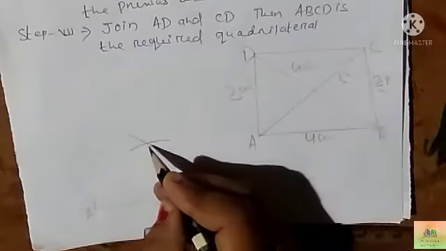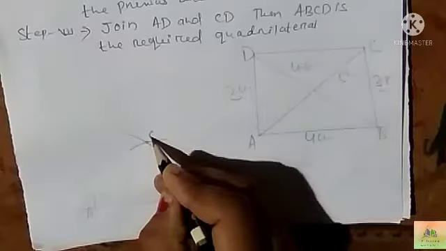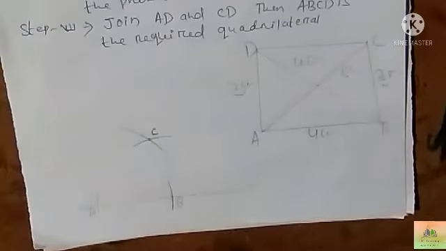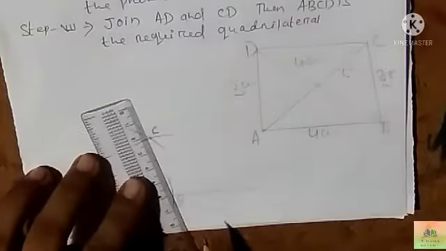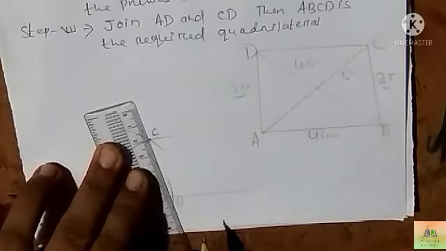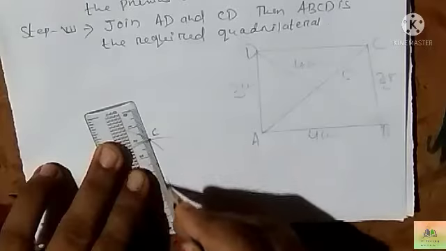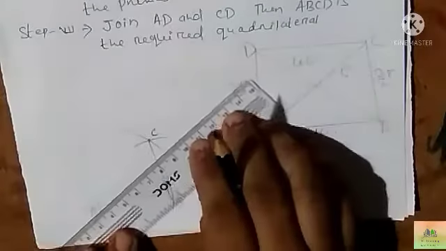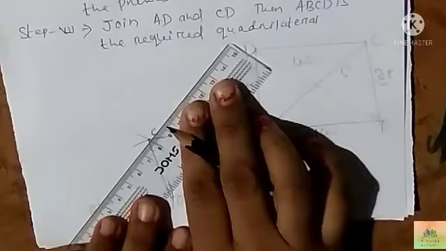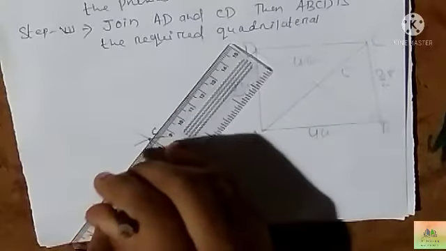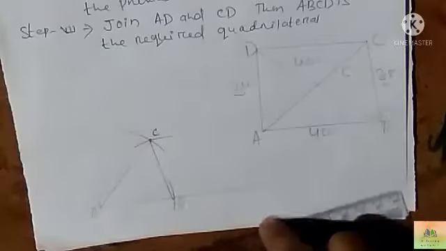C. This is the point C. Now we join BC and AC. We join both points B and C and A and C. Okay. So here ABC is a triangle.